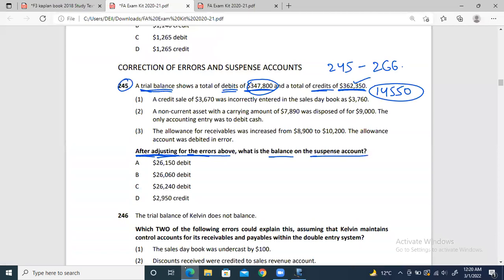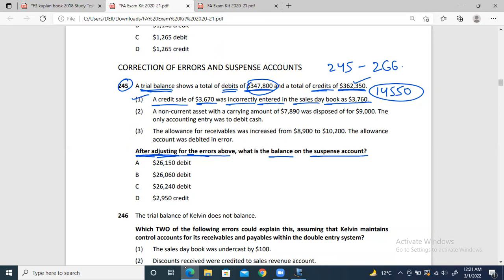First of all, a credit sale for 3670 was incorrectly entered in the sales daybook as 3760. In the sales daybook, this was a credit sale, so we are not receiving the money right now.